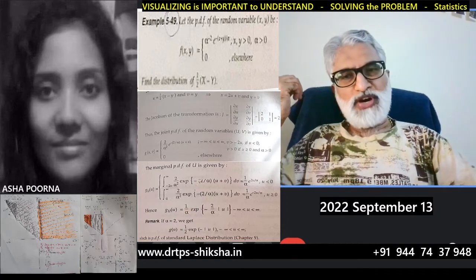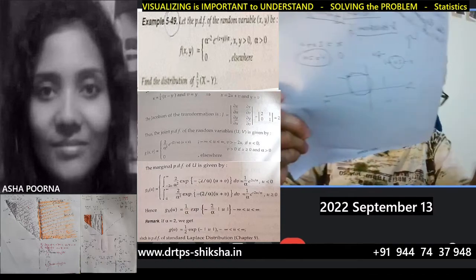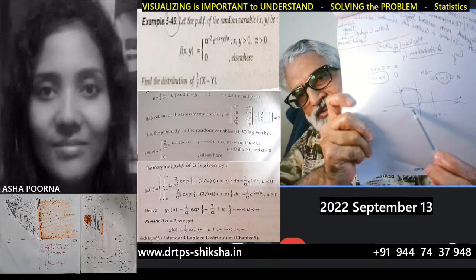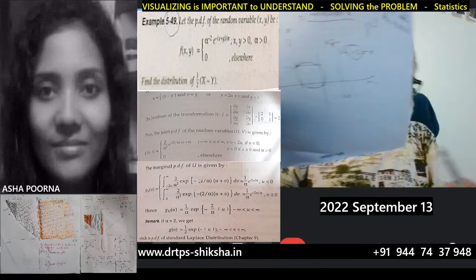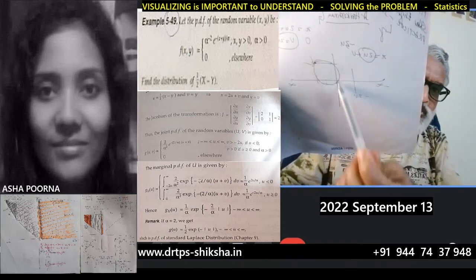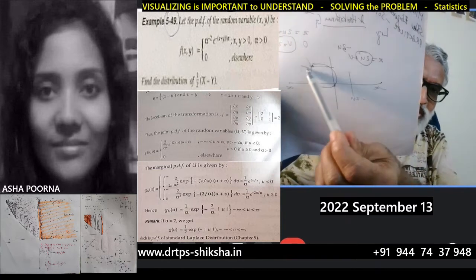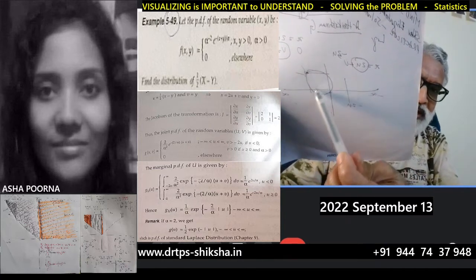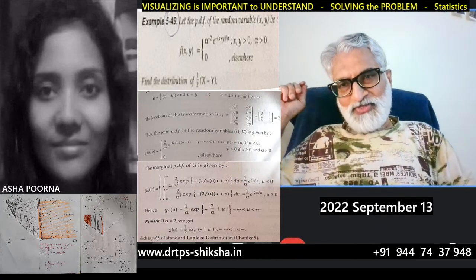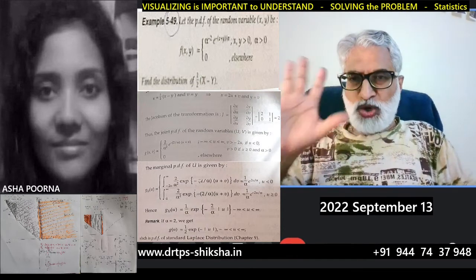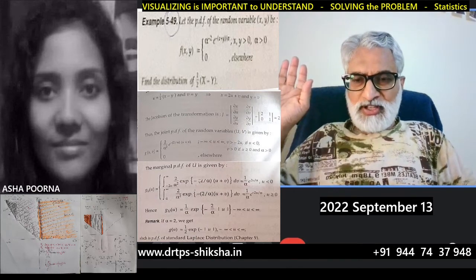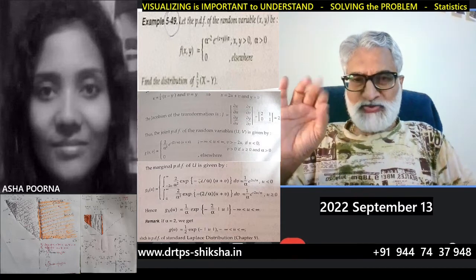So what are you doing actually? You are transforming the function to, see here, I have drawn. I want you to draw this actually. What I have done is I have discarded this area. In this uv function, I don't want this area to be taken. Now I told you, when x is equal to 0, how do I change the condition to u and v? You substitute x is equal to 2u plus v.